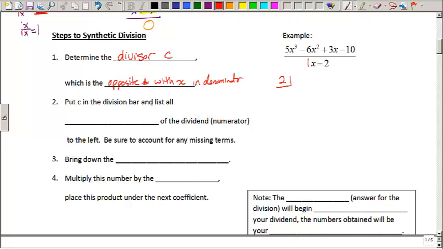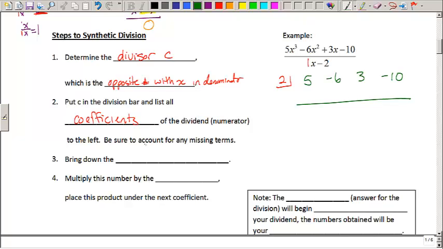Put the c in the division bar and list all of the coefficients of the dividend, which is the numerator. So I'm going to list 5, leave a little space, 6, leave a little space, 3, and negative 10. I want you to leave one line of space here and then put a bar. And we're going to be working down here.